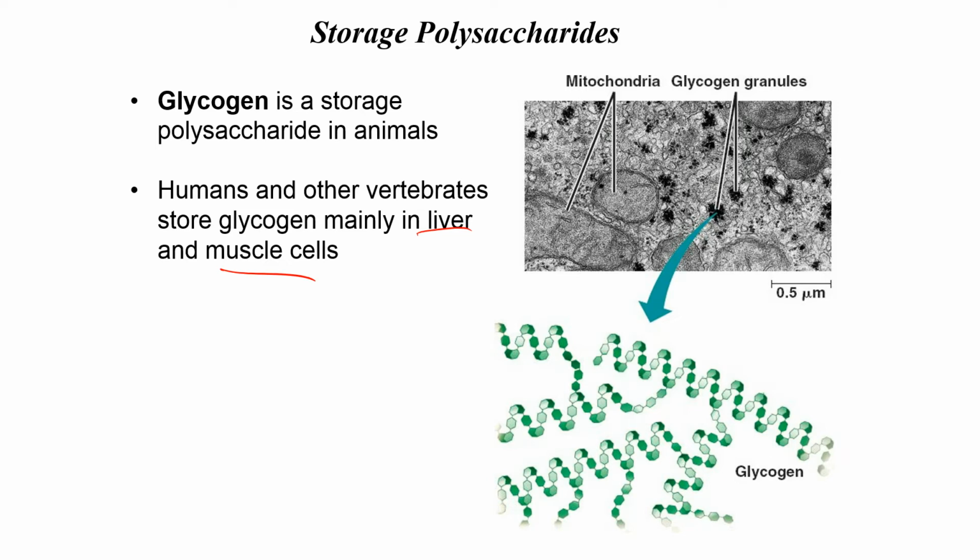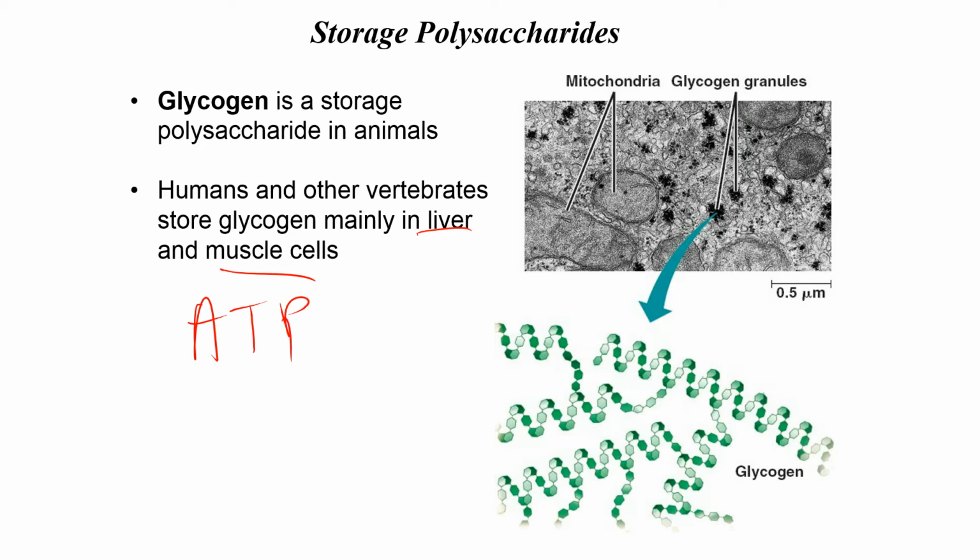So think about why your muscle cells would like to have this excess storage of glycogen. Well, your muscle cells are constantly contracting, and that contraction requires energy. It requires ATP. Now, where do we get ATP?